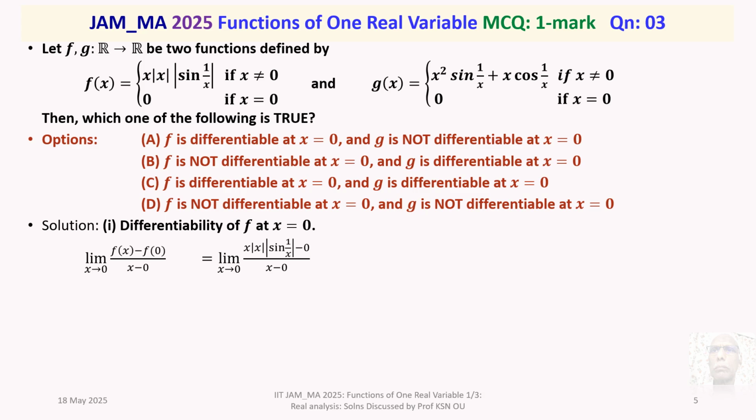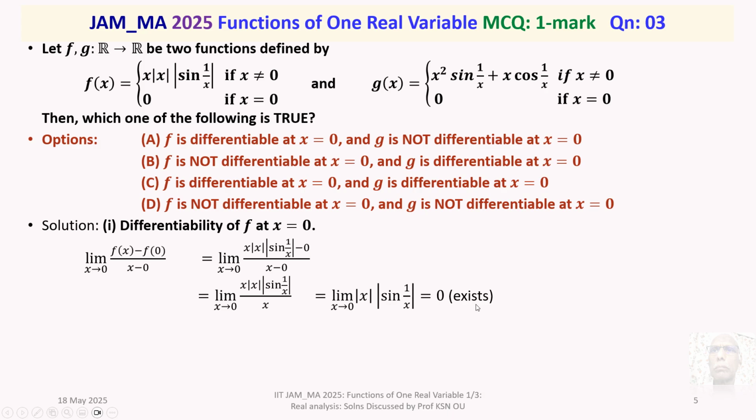So that will be equal to limit x tends to 0, x times mod x into mod of sine 1 by x, minus f of 0 which is 0, by x minus 0. And this is equal to limit x tends to 0, x mod x into mod sine 1 by x by x; x cancels, and you are left with the limit x tends to 0 of mod x into mod sine 1 by x, which is 0, and it exists.